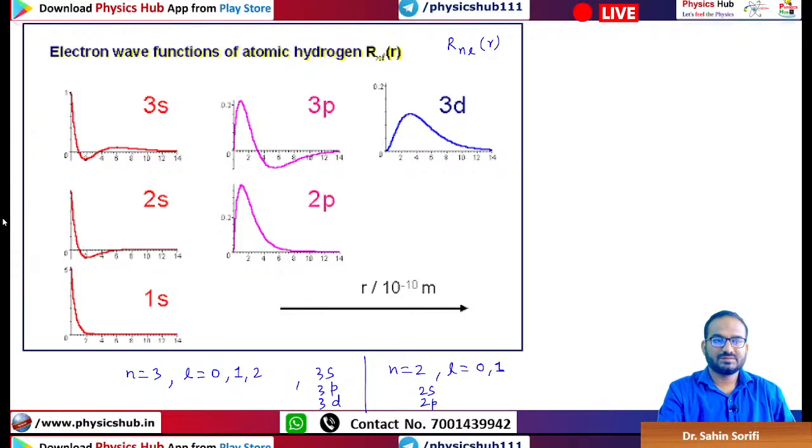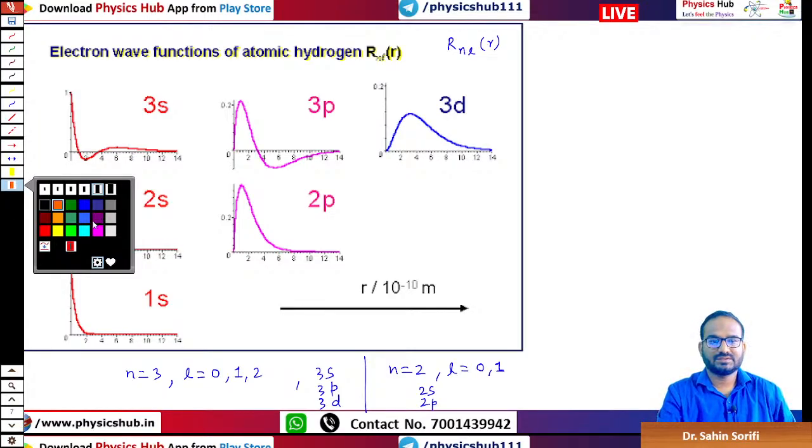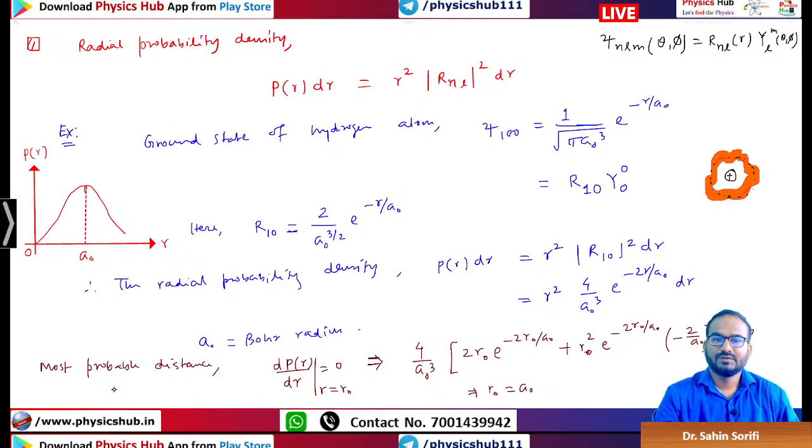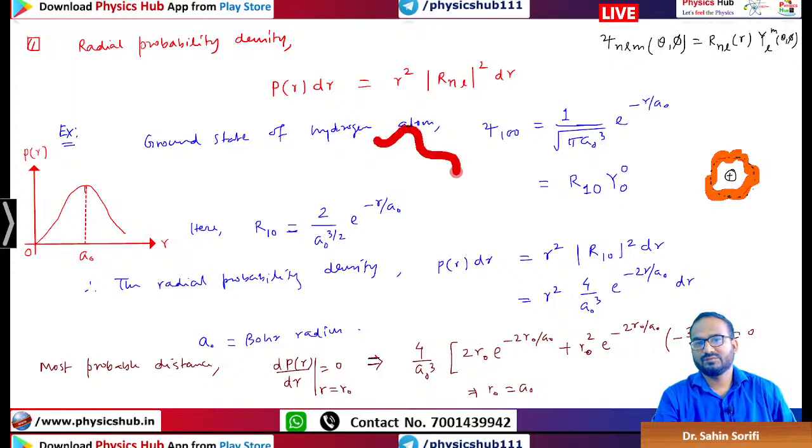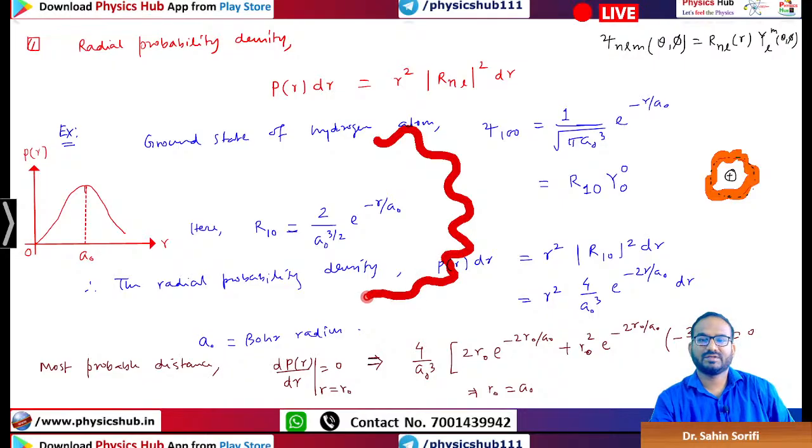Most probable distance means finding out the electron. Let me make it clear to you. What is the most probable distance? Look at this example. Let's say this pointer is the electron. The electron is moving like this around the wave function. Actually, it is not a particle, it is like this.